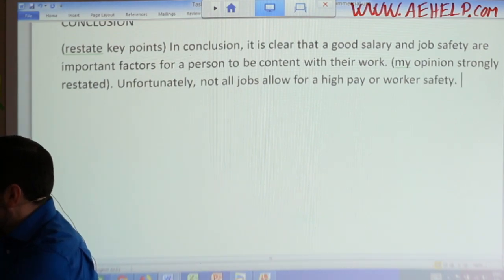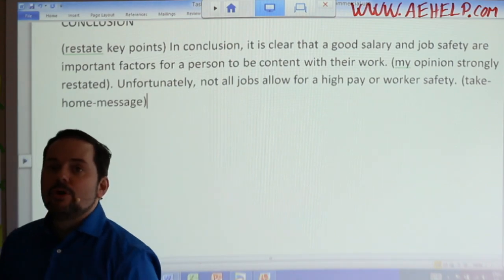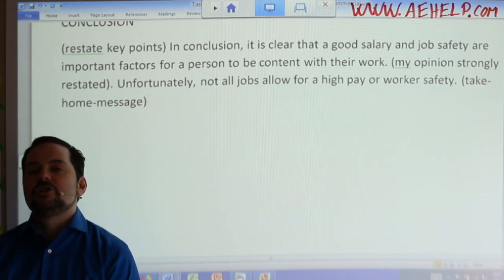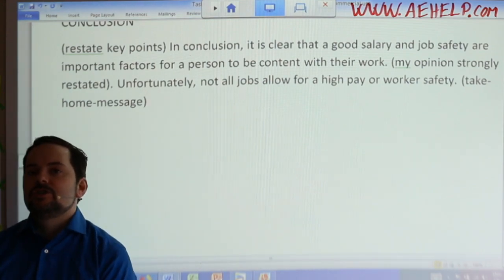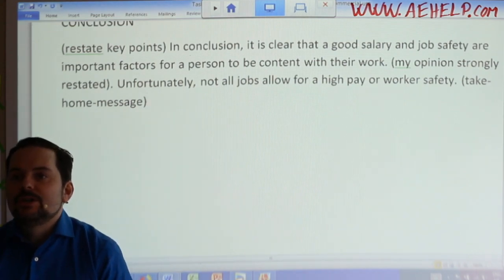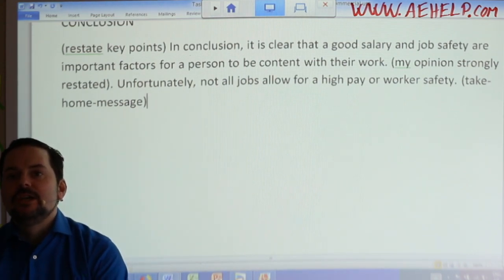And then I want to give a take-home message. Okay, it's a very important last part of your conclusion is your take-home message. What is a good take-home message for this essay? What is a good message to give to your reader for this essay?